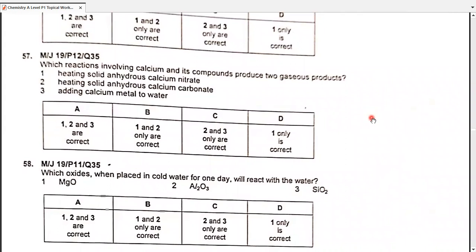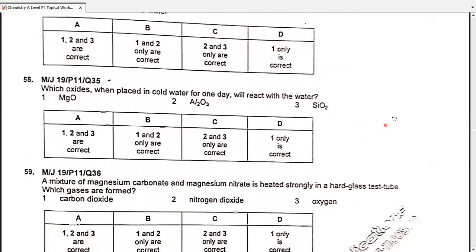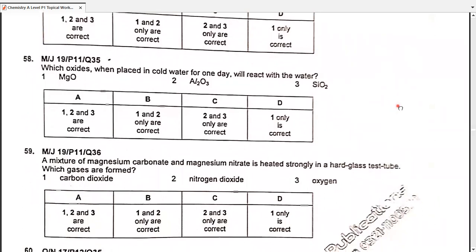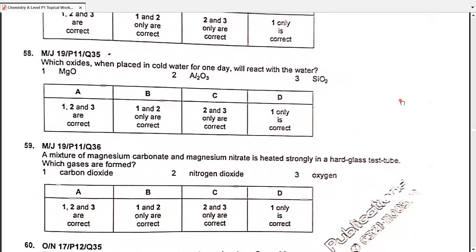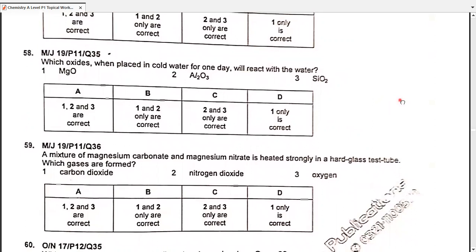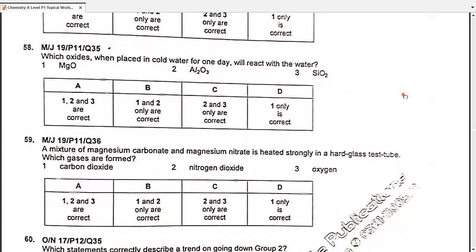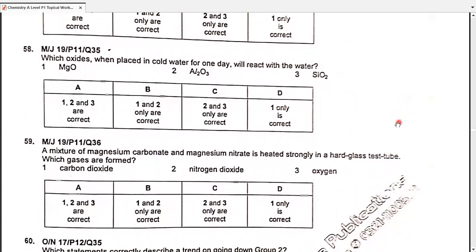We have been discussing products for so long. You will easily be able to tell the answer of 57. Okay, let's go with 58 because you may have doubts for 58.